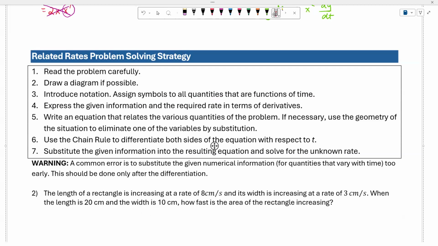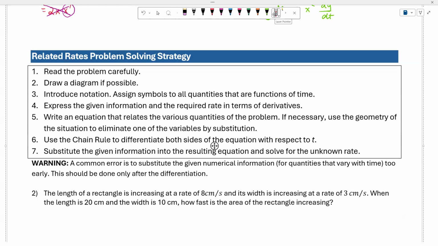Then we express the given information and the required rate in terms of derivatives. Number 5 is where we write an equation. This is the hardest part. Relate the various quantities of the problem. If necessary, use the geometry of the situation to eliminate one of the variables by substitution.